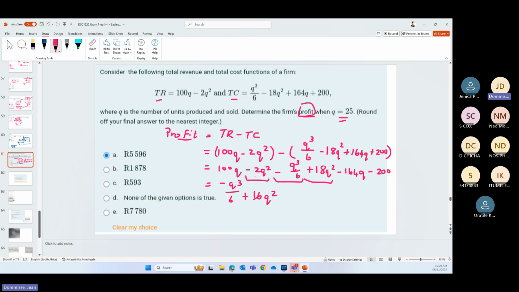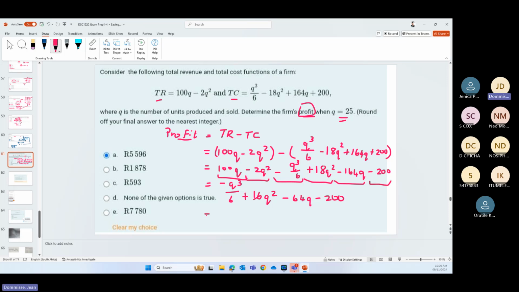When we look at only the Q's, 100 minus 164 gives us minus 64 Q. And we're stuck with the last one, minus 200.